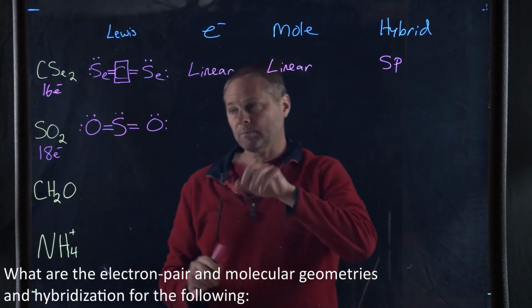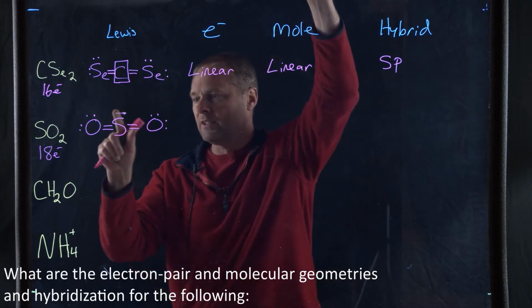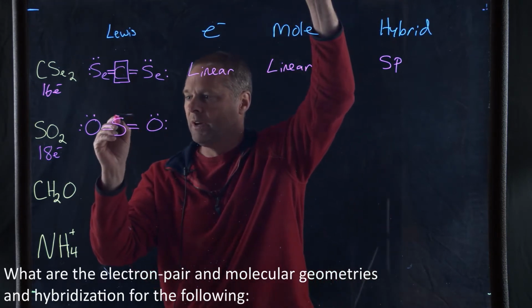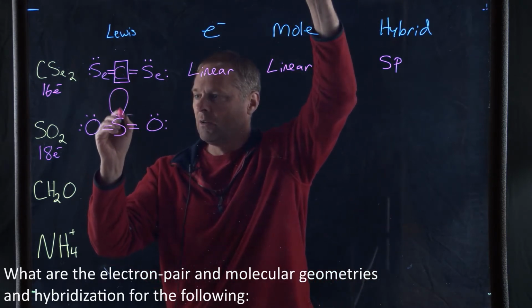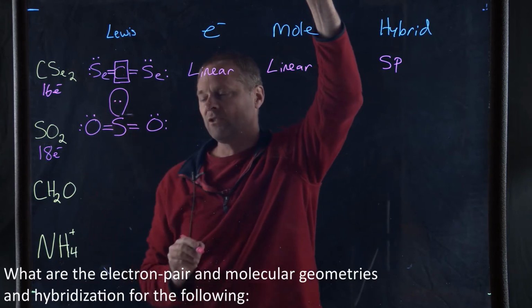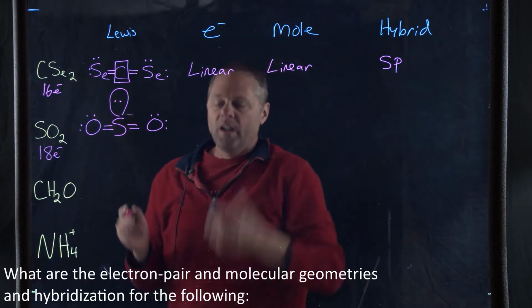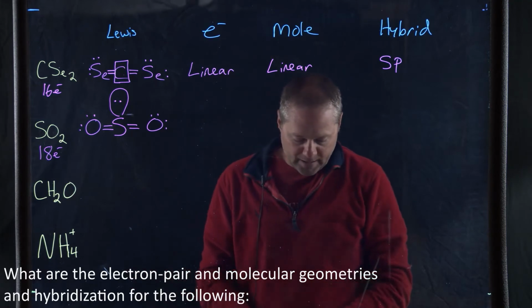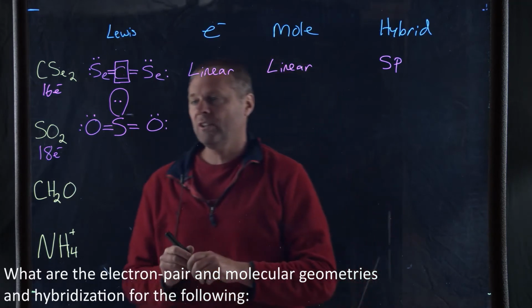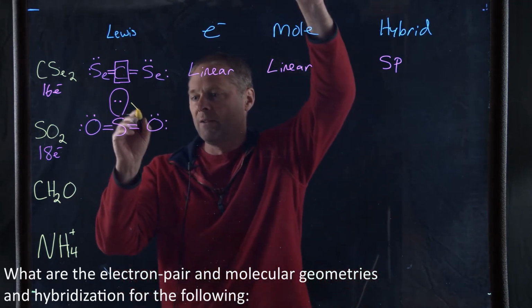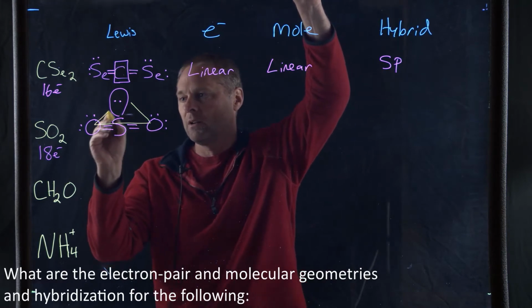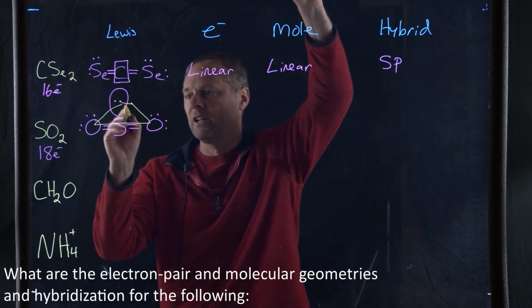We're missing 2, so we'll place those 2 onto the sulfur. Now, this lone pair will take up a space such as this. And so if we want to look at the electron geometry, we have something that's trigonal planar.